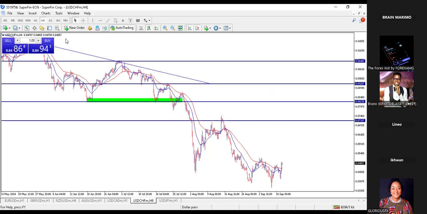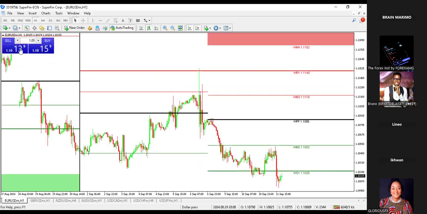So as you can see here, we've got 86.2, 94. What would be the difference there? Let's say 9 pips. Right? Let's look at EUR/USD.